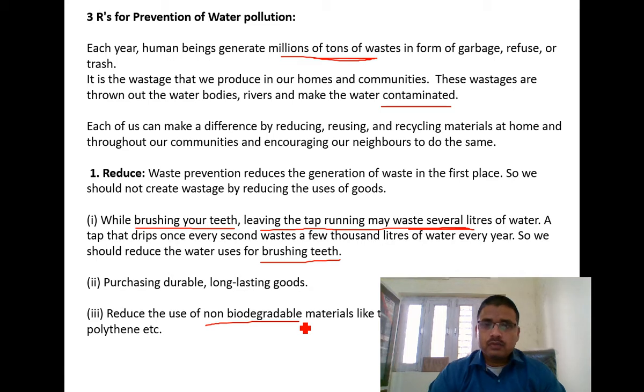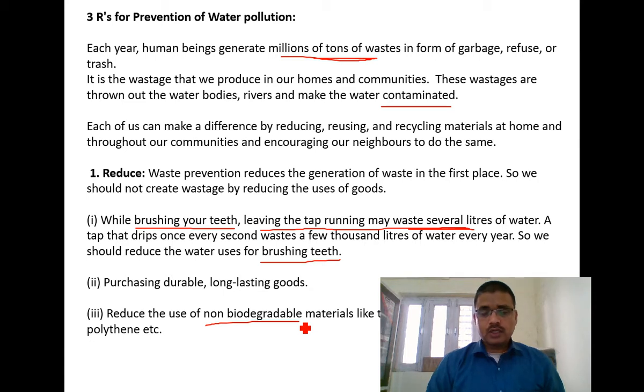If there is a non-biodegradable material, we should prohibit ourselves from using it, and then this kind of material will not affect the water.